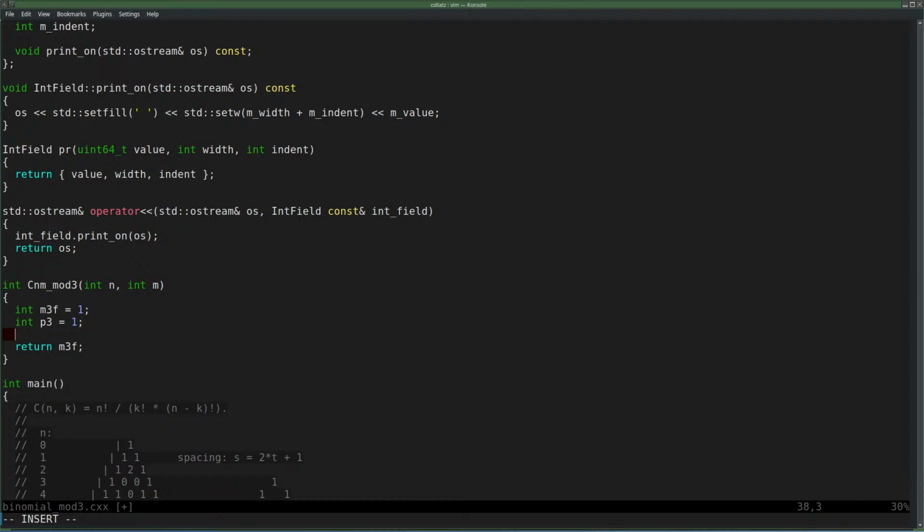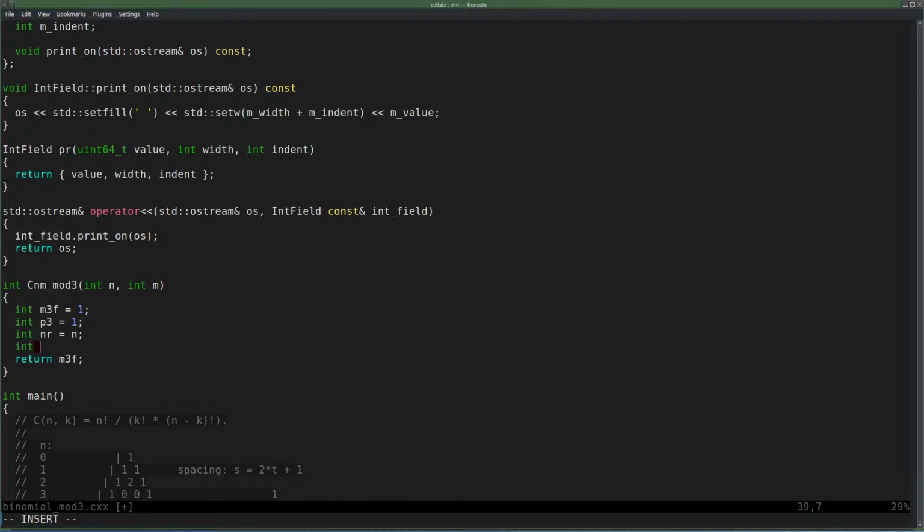Then I'm going to apply the power of 3 to both n and m. Let's make a residue first. So let's call that n residue is equal to, it's not really the residue I think, but anyway it seems logical to initialize all the information I have.